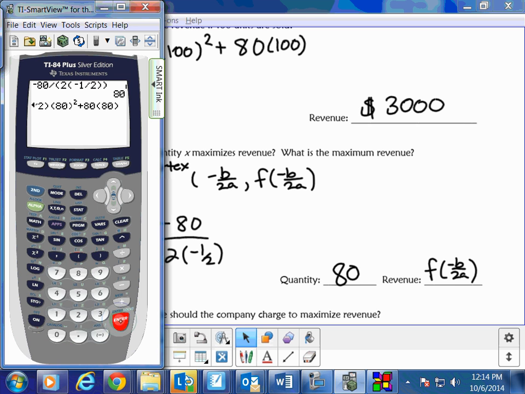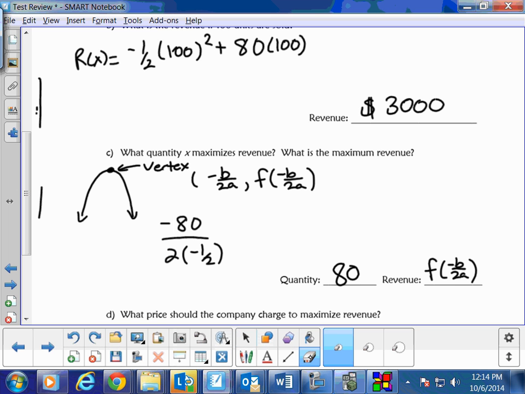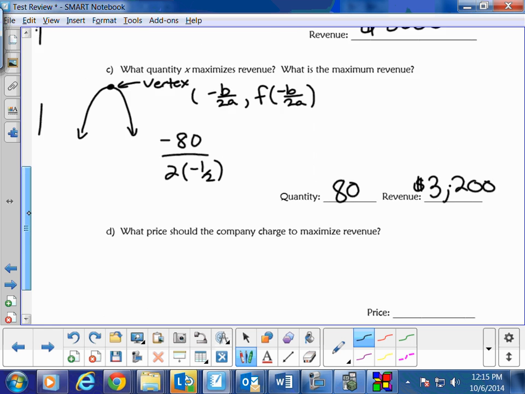See what that produces. And that produces 3,200. Now you notice how it's bigger than the other amount that had a bigger x of 100? That's because that is where the maximum revenue is met, at that production amount. At that production amount, you get 3,200. Okay, great. Let's move forward.